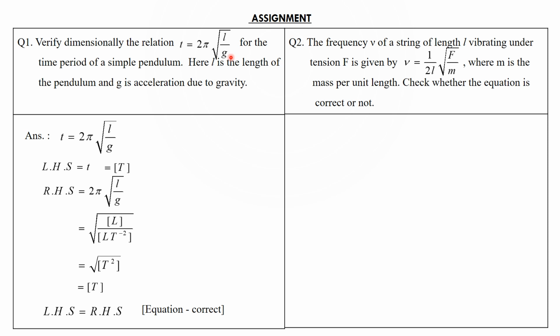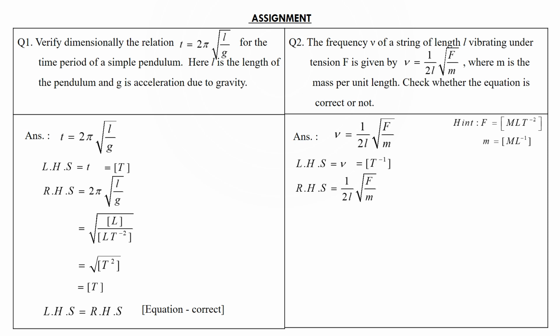Second equation. Again, we need to check whether this is dimensionally correct or not, where nu is the frequency, F is force. Here, children, the most important thing is m is not mass, it is mass per unit length. So the dimensions for force are MLT minus 2, but the dimension for m is ML minus 1, because it is mass per unit length, it's not mass.